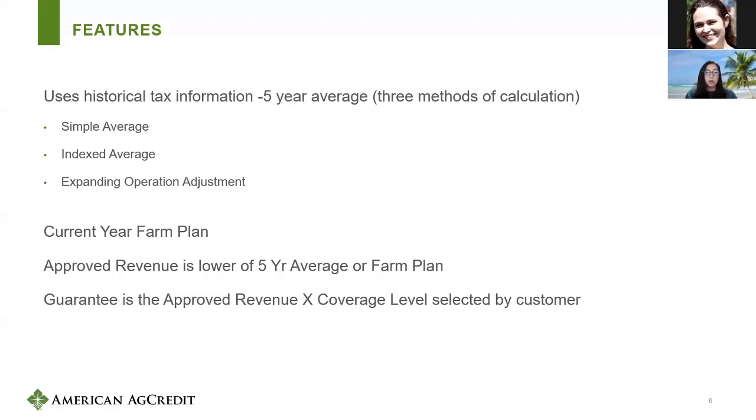And then we also look at a current farm plan, and we take the 5-year average and the current farm plan, and the approved revenue would be the lower of the two. The guarantee is the coverage level, which is selected by the grower, multiplied by that approved revenue to come up with what the guaranteed revenue would be.